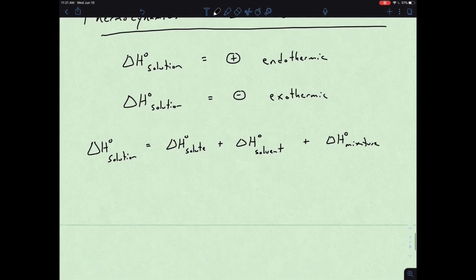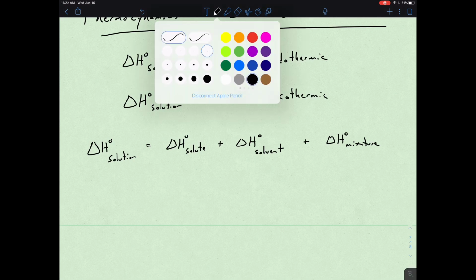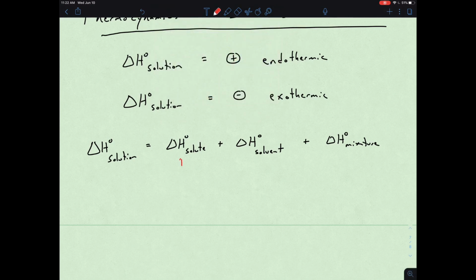And so what we have to recognize is that these are just looking at energies for breaking down forces or creating new forces of attraction. So this is the energy to break down solute forces.